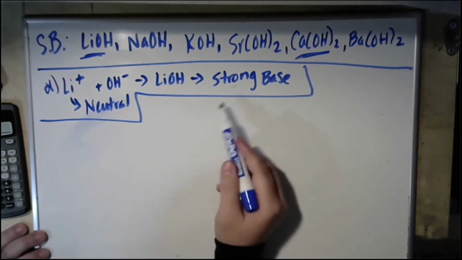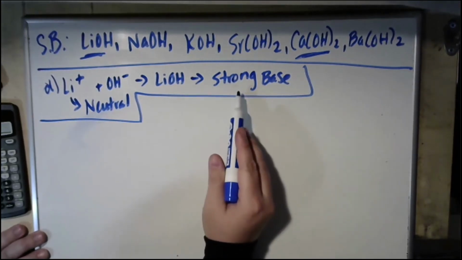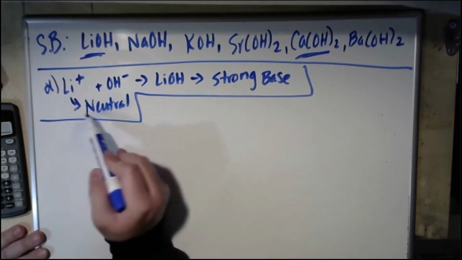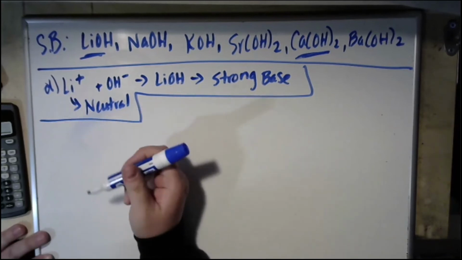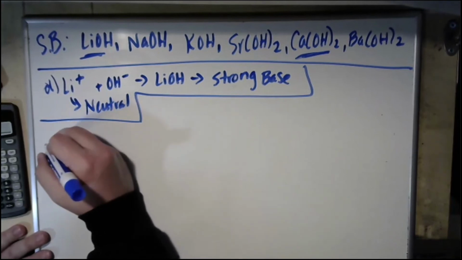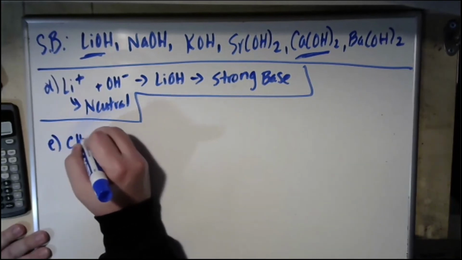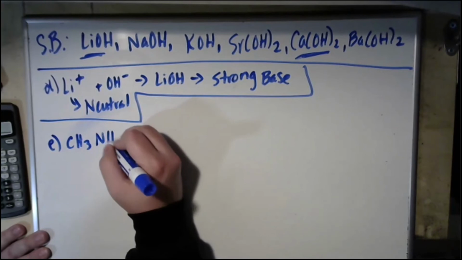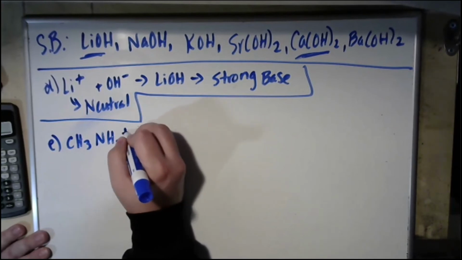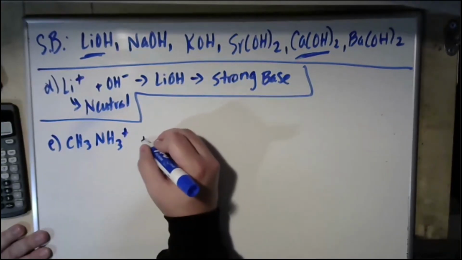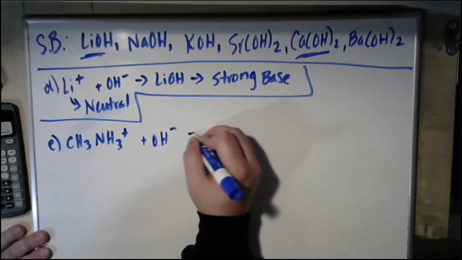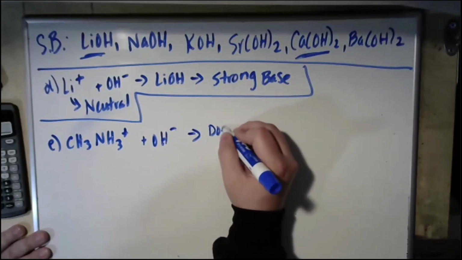Anyway, lithium hydroxide is a strong base. The counter ion to a strong base is pH neutral. For CH3NH3 plus, again, this is not going to form a strong base.